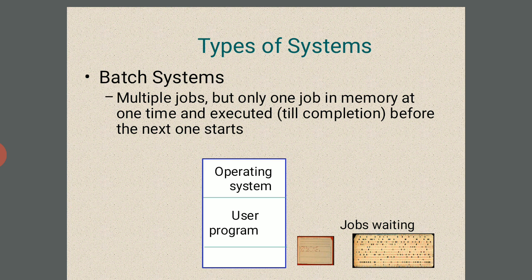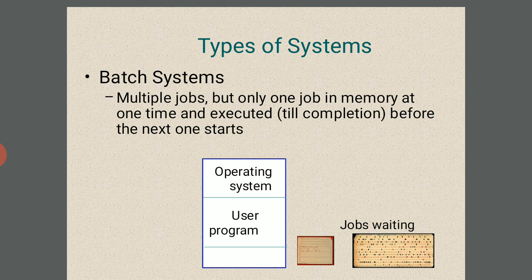That is called the job of the user. But only one job is in memory at one time and executed. One job is executed in the system until completion before the next one starts.